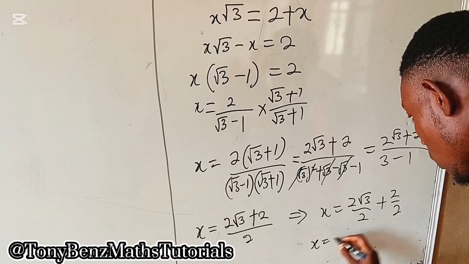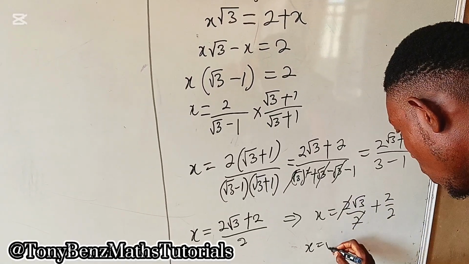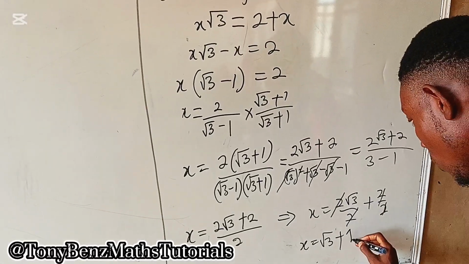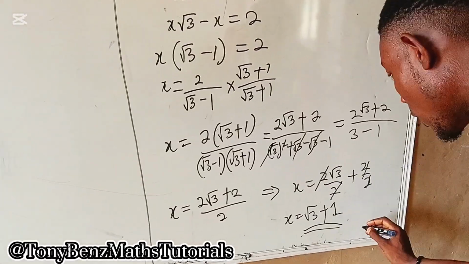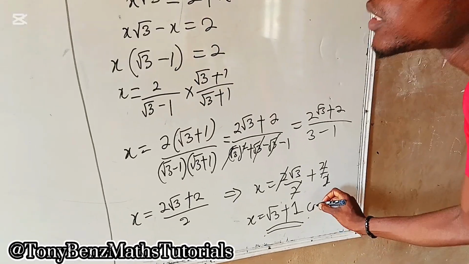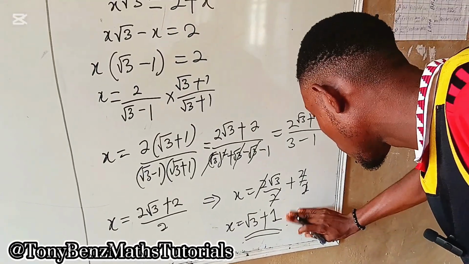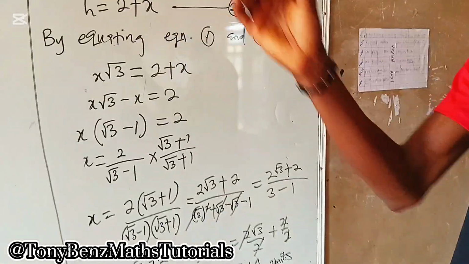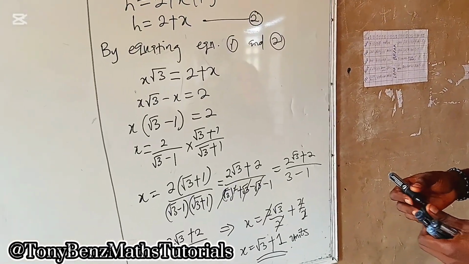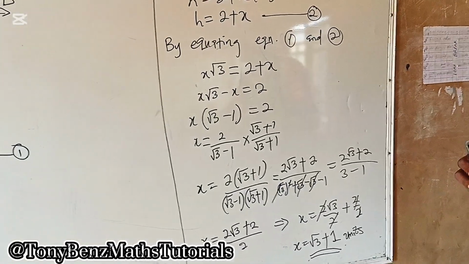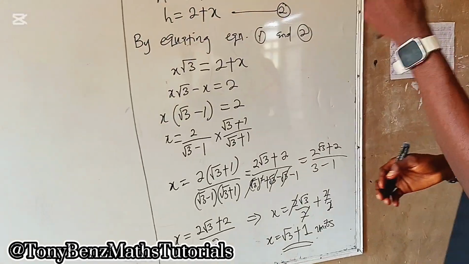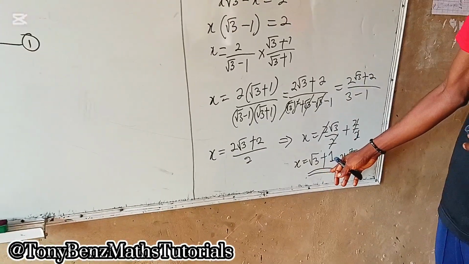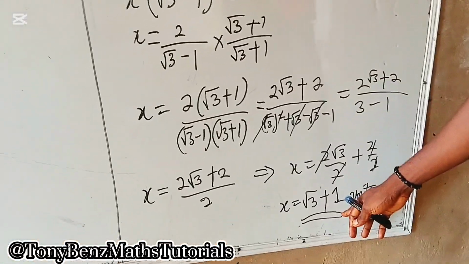Two goes with two, we have root 3 plus 1 as our final answer, in units. They said we should find X, so our X is root 3 plus 1.